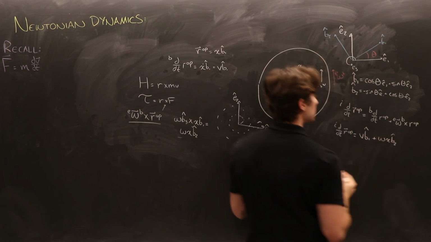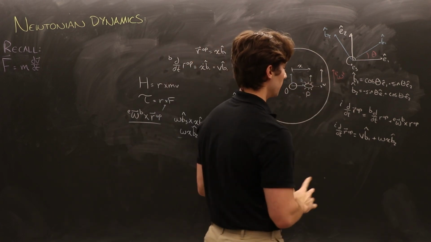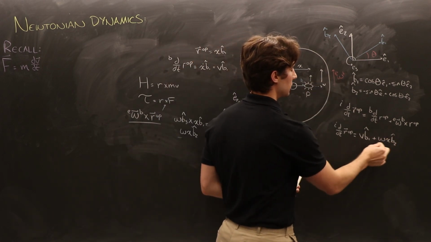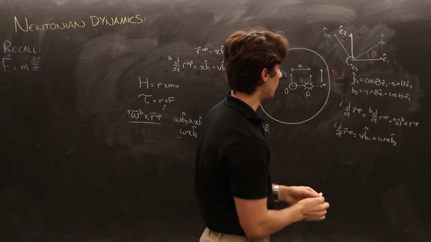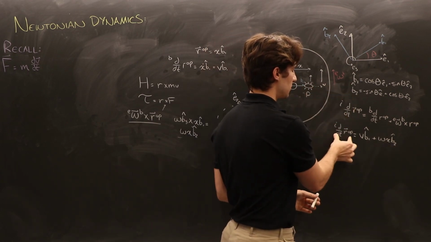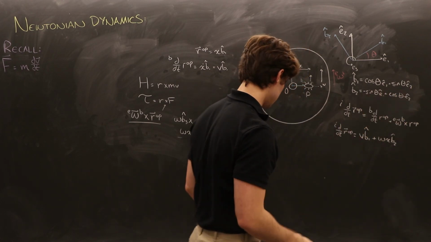And of course, this is where it might be useful to have these trigonometric relationships where we can go ahead and express this in an inertial frame. And you can see that because we have this relationship here, ultimately we can express this derivative of ROP completely in terms of inertial quantities.